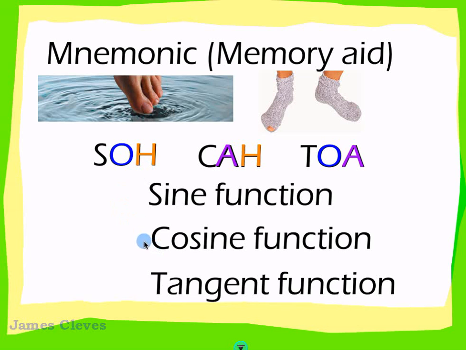The cosine of an angle is equal to the adjacent side divided by the hypotenuse, and the tangent of an angle is equal to the length of the opposite divided by the length of the adjacent. So when we talk about lengths, they're the lengths of the sides of the triangle, and the sine, cos and tan functions are always functions of an angle.